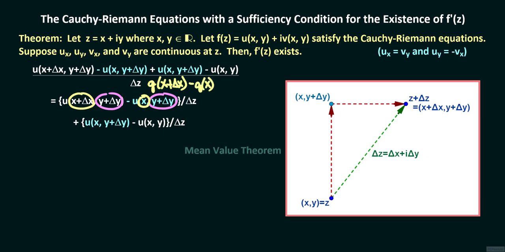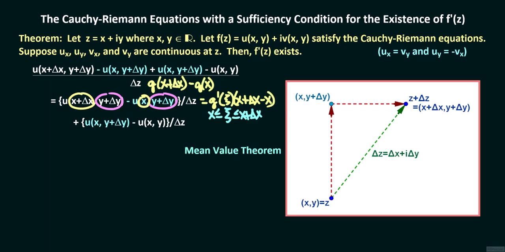Now it's time for the mean value theorem. The mean value theorem says that there should exist a real number x_c between x and x plus delta x, such that g of x plus delta x minus g of x equals g prime of x_c times the quantity x plus delta x minus x.